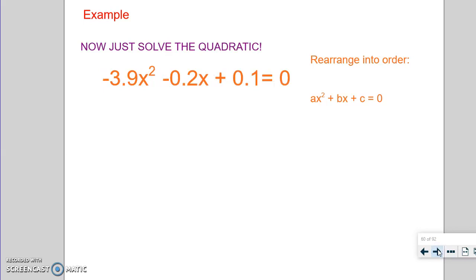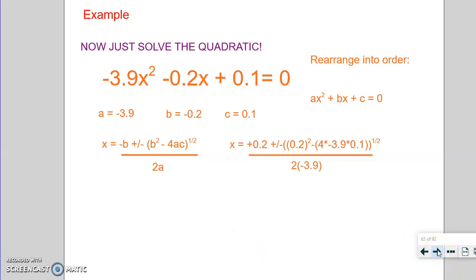And now we're going to rewrite it into ax squared plus bx plus c form. And that's what we get. So we get an a of negative 3.9, a b of negative 0.2, and a c of 0.1. So now we pull out the quadratic formula, shown here with the exponent of 1/2, because I couldn't figure out how to draw the radical on this text editor. So we start plugging in our values for a, b, and c, and it looks like that, and we get this big mess. So we just start simplifying.